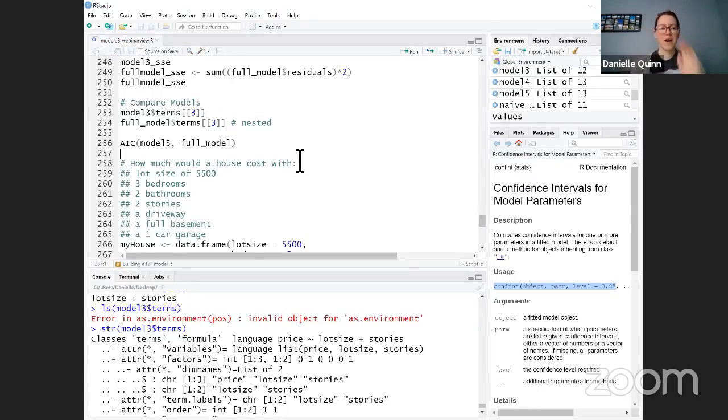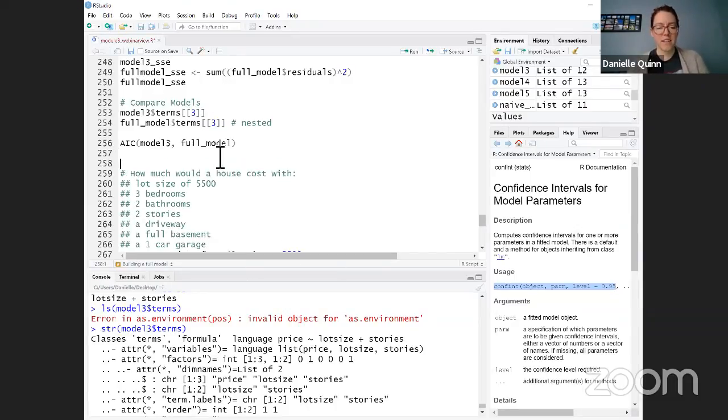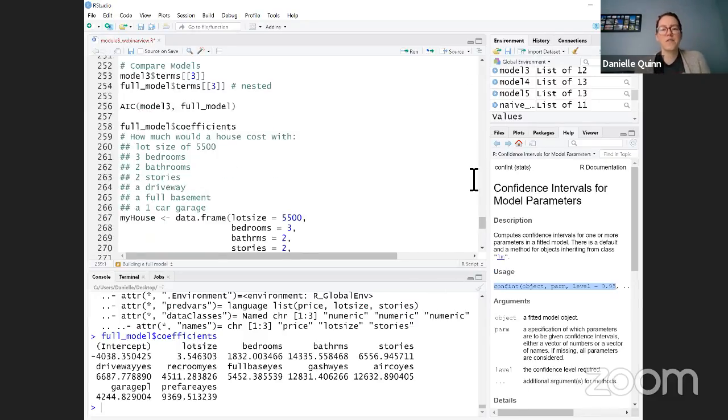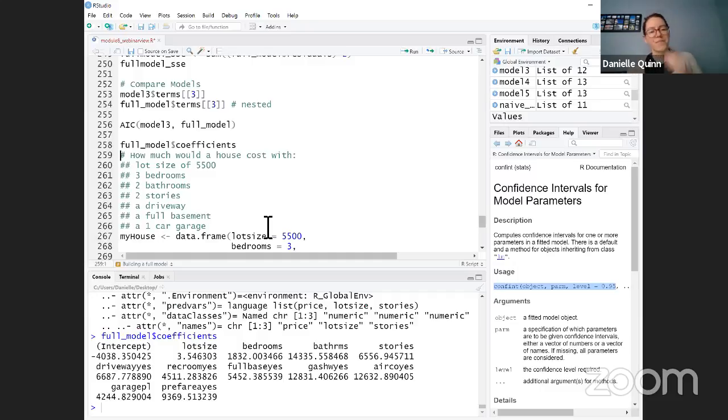Okay, so given this full model, let's just look at the coefficients again. Full model coefficients. Okay, so here's all of our coefficients. What if we have a house and we're trying to figure out how much we want to sell it for? It has a lot size of 5,500, 3 bedrooms, 2 bathrooms, 2 stories. It has a driveway, a full basement, and a place to park your car.